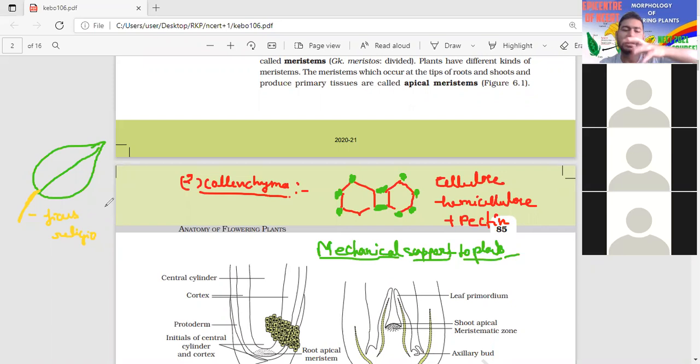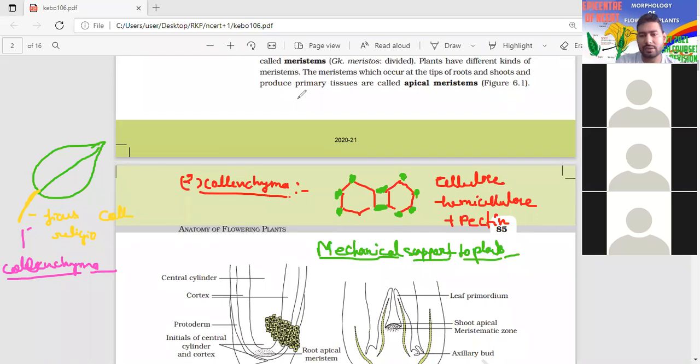The reason is that the length of the petiole is too much compared to others. Is it clear? So the petiole is made up of Collenchyma cells. Is it fine? Is it okay?